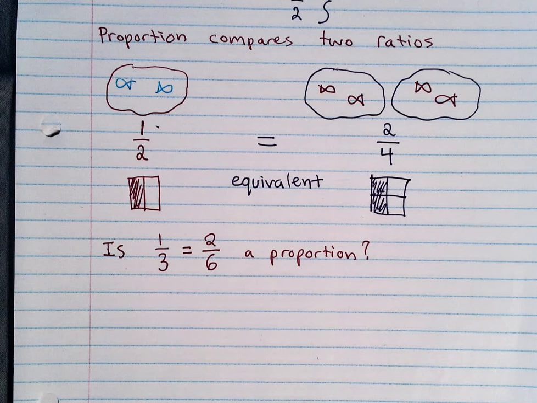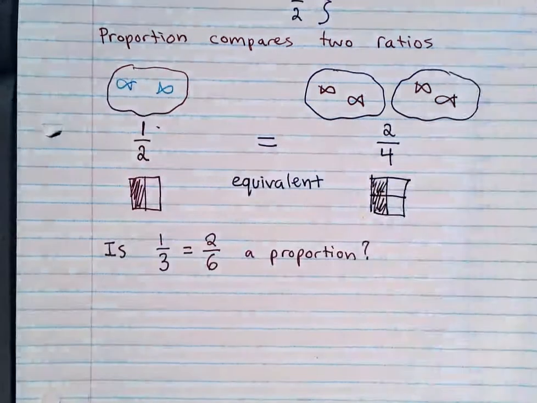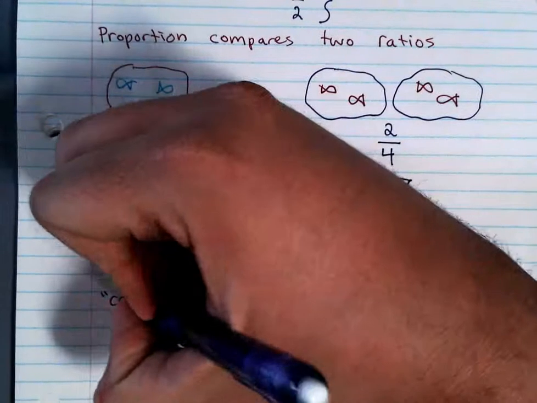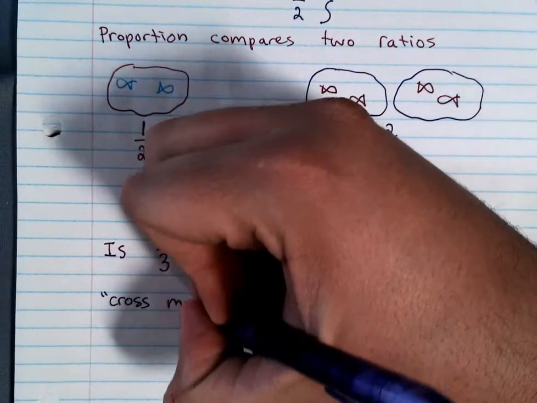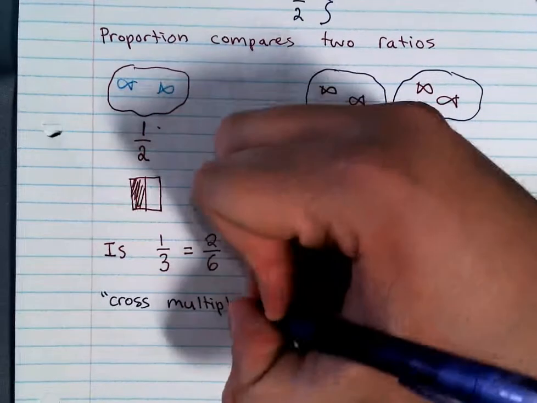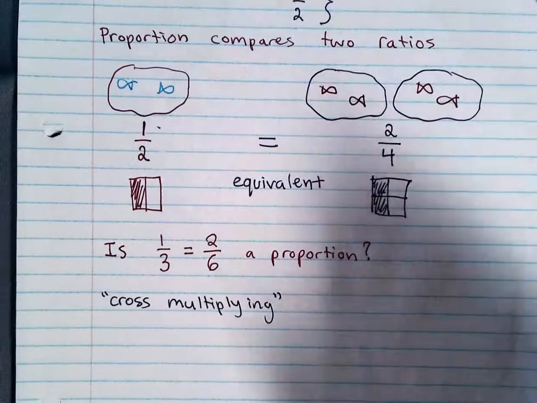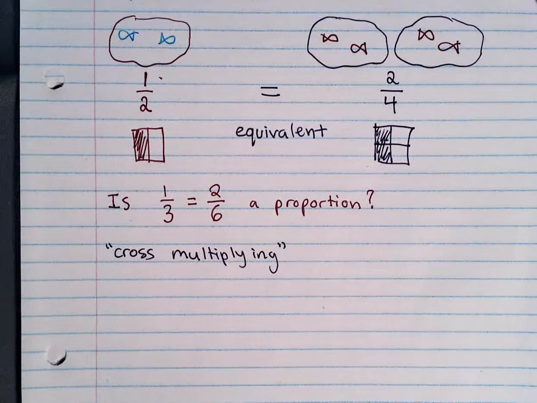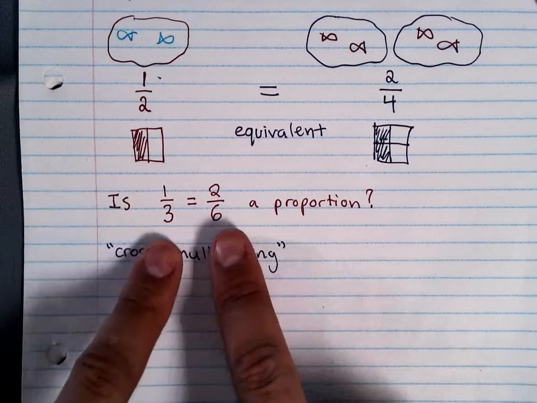If those fractions are equivalent, we'll have a proportion. We're going to use something called cross multiplying, and you're going to hear about this a lot through high school. Cross multiplying is one of the ways that we can check if this pair of ratios is a proportion.